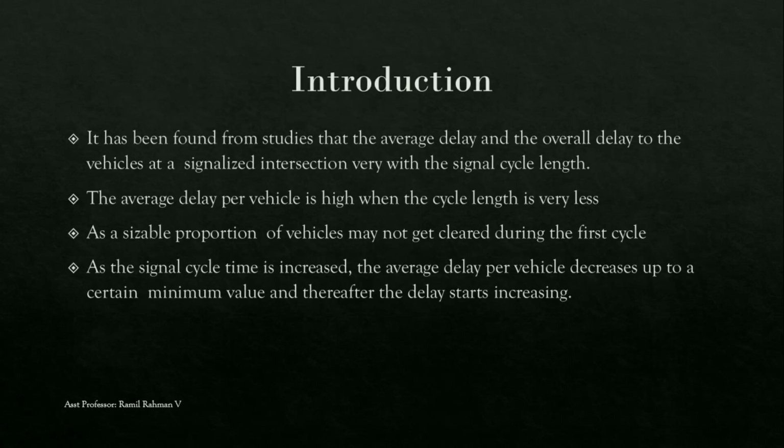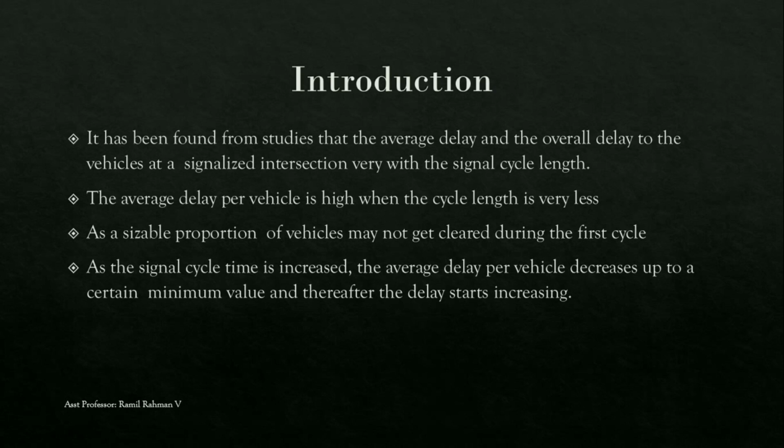Introduction. It has been found from studies that the average delay and the overall delay to vehicles at a signalized intersection vary with signal cycle length. The average delay per vehicle is high when the cycle length is very small, as a sizable proportion of vehicles may not get cleared during the first cycle itself.